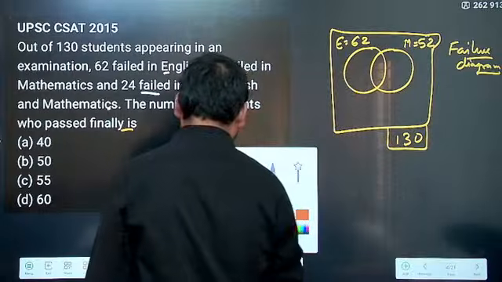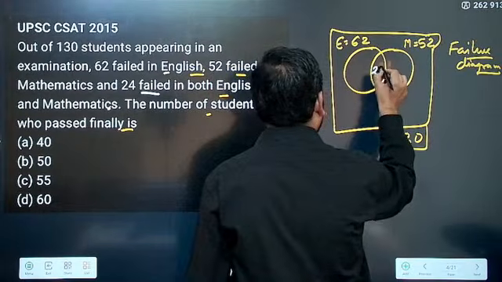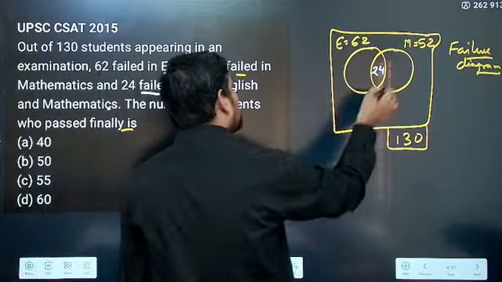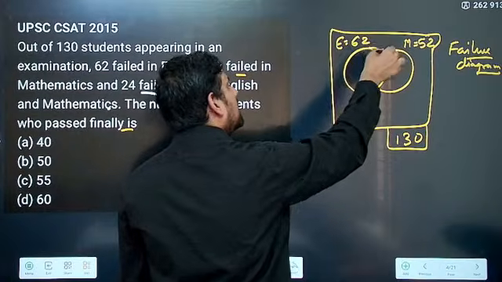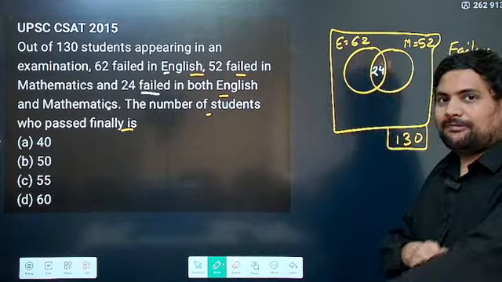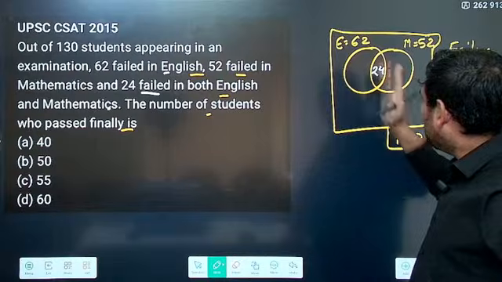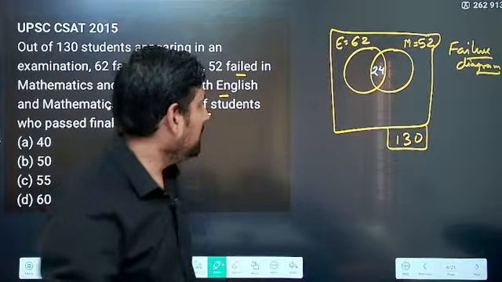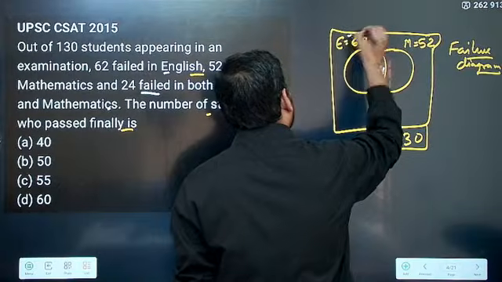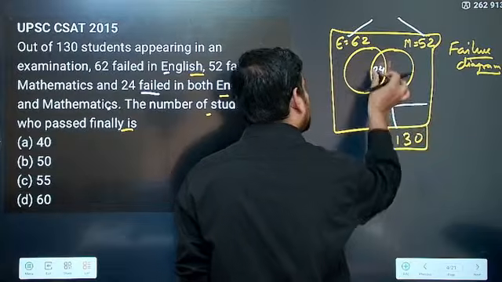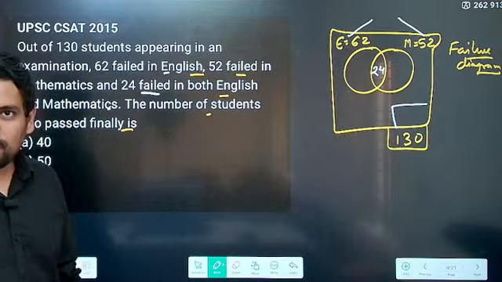If this is 24, then this whole thing is 62, correct? This whole thing is 62. Then what is this? Either you can find these two values also, or a much smarter way: the sum of both, when you take its difference from here, gives you this middle number 24, correct?